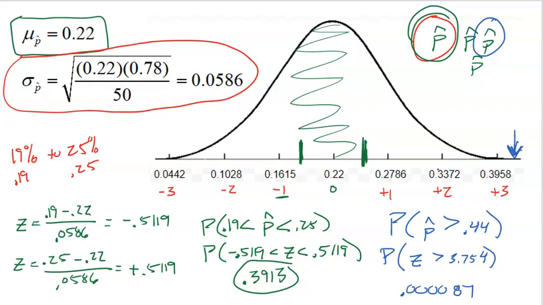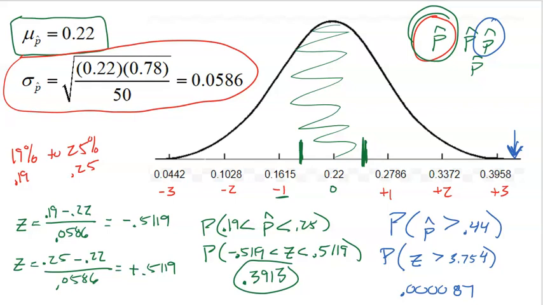Now, there was a follow-up question that says, would this be surprising? Absolutely. Samples should not come that high. And if it did, what would it mean? Well, it would mean that something's going on. Remember we talked about when something crazy unlikely happens, something's got to be going on. So maybe Frank has been changing his music preferences over the last year, adding songs, and he has been starting to favor more and more rock and roll songs.